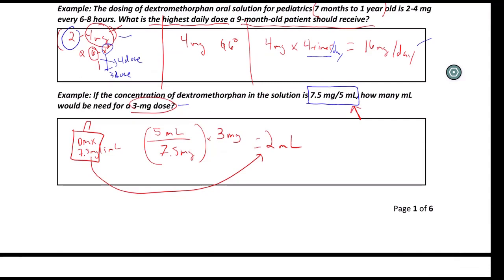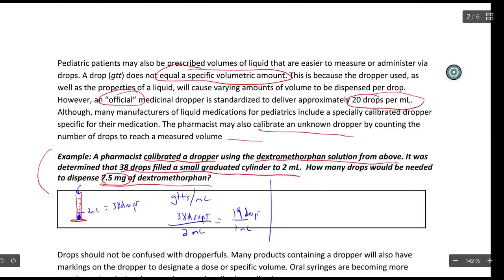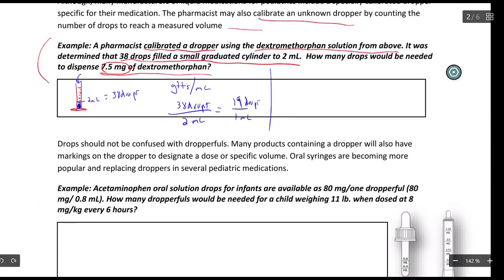So we don't have to do any math for that. But what we do have to do is find out how many drops that is equal to. So what this question is really asking is how many drops it would take to get 5 mLs of this dextromethorphan liquid.